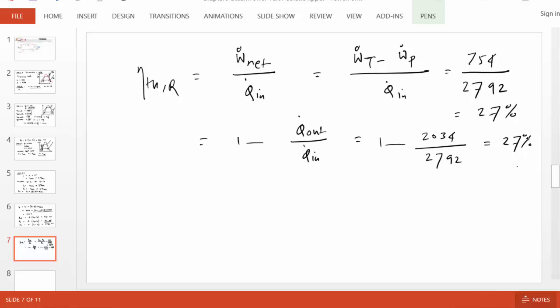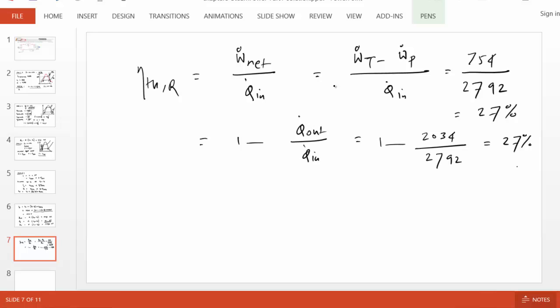And the back work ratio is going to be W dot P over W dot T. Notice that in this formula m dot doesn't matter because m dot gets cancelled. So whatever m dot we assume in our computation, it cancels out.